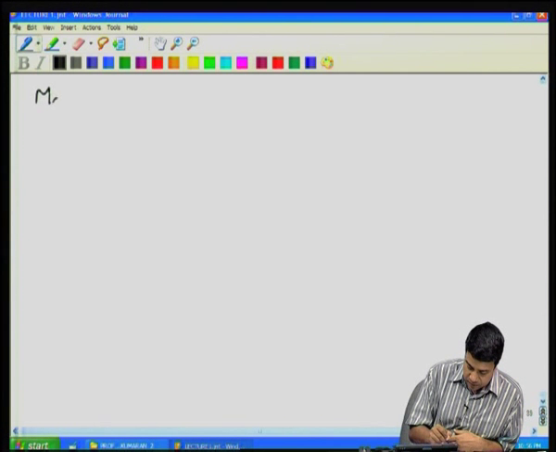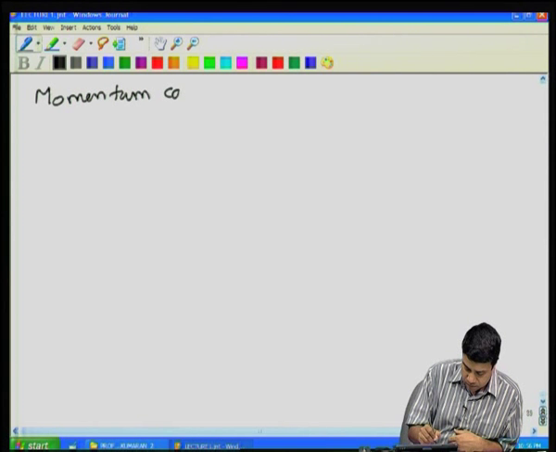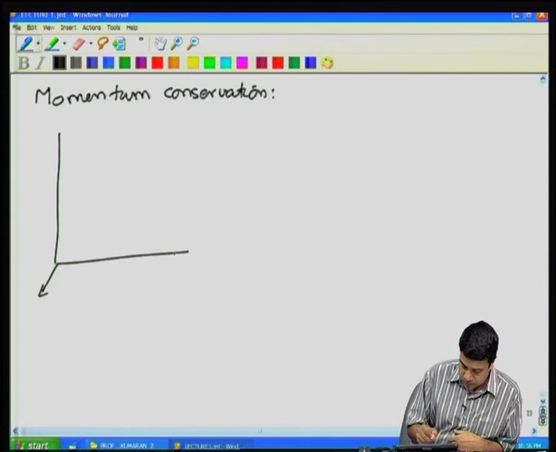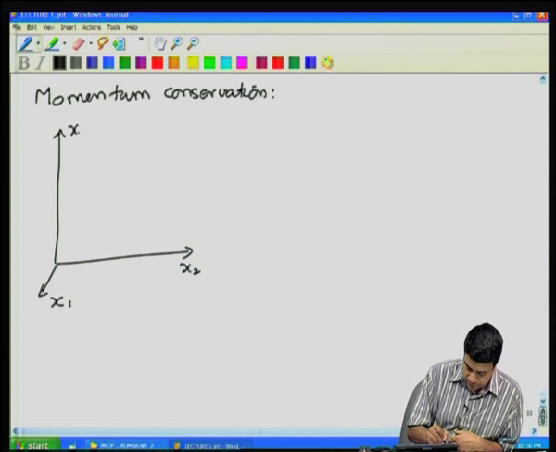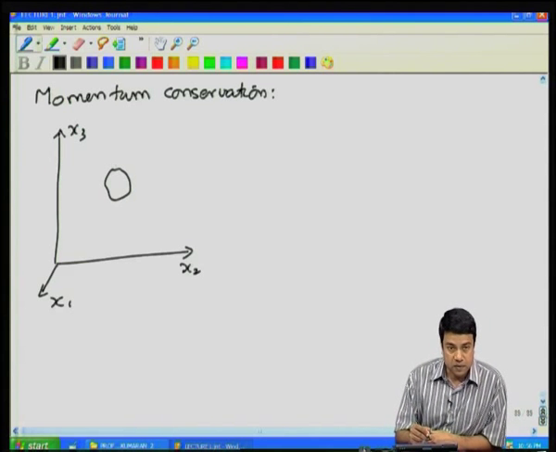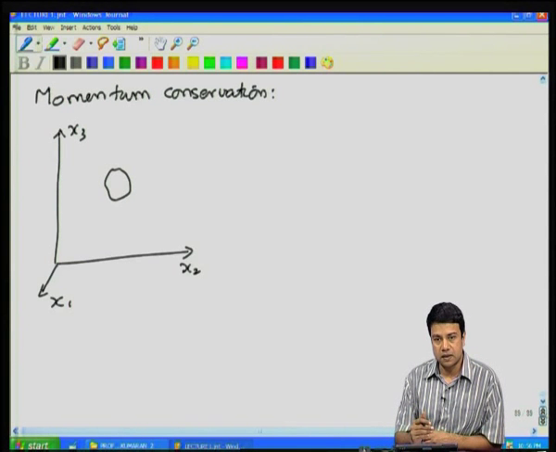Momentum conservation. Rate of change of momentum is equal to sum of applied forces. Okay. For this moving differential volume, what is inside continues to remain inside and what is outside continues to remain outside.